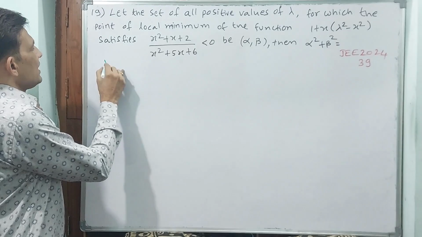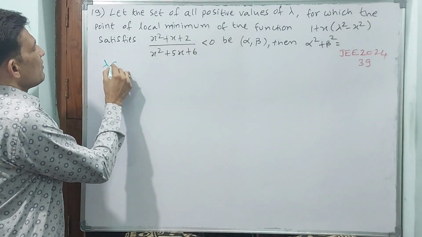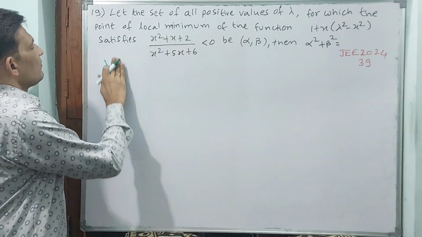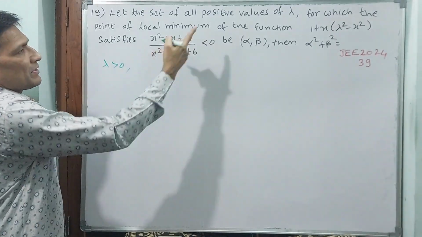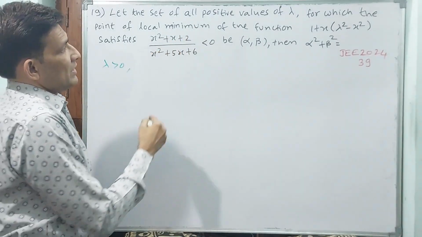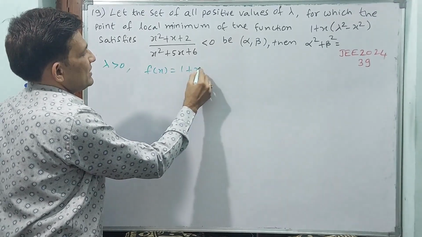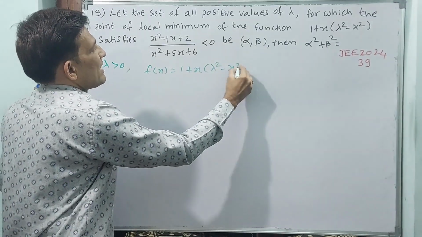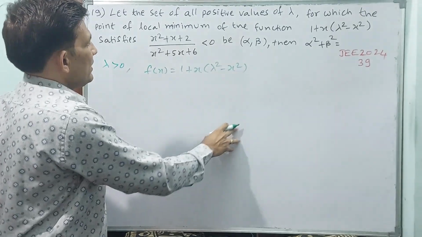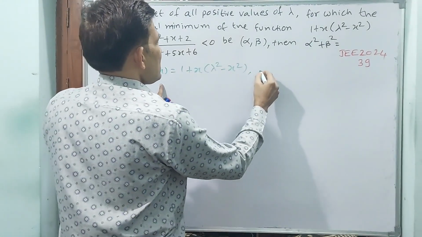From the first line, alpha is greater than 0, since we are taking the positive values. Another thing, the function is 1 plus x into lambda square minus x square. If that is the case, what is f dash x?